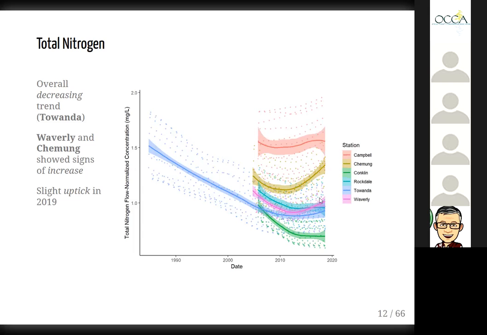And you also notice that in Waverly and in Chemung, there's this uptick after 2010 or 2012. And this uptick is also shown a little bit in Towanda. There's a more recent rise in total nitrogen. So again, this is flow normalized total nitrogen concentration, and the flow normalization is calculated by the USGS, and it accounts for some of the differences in flow throughout the year.